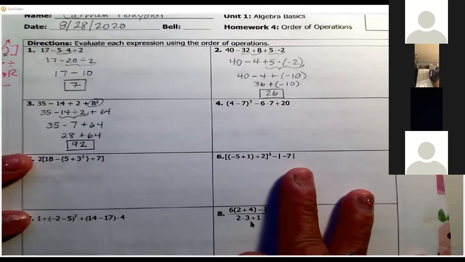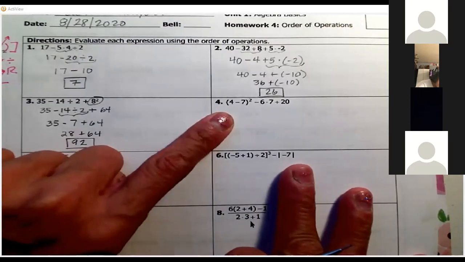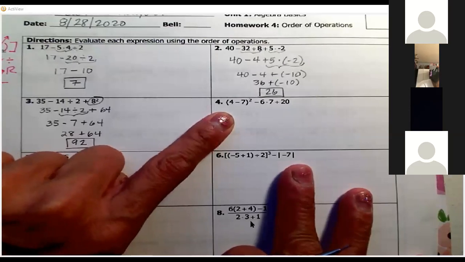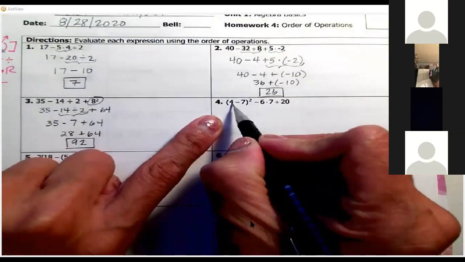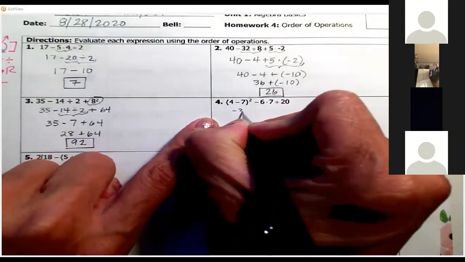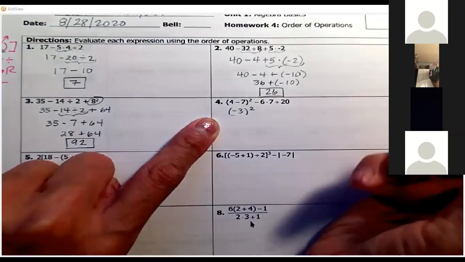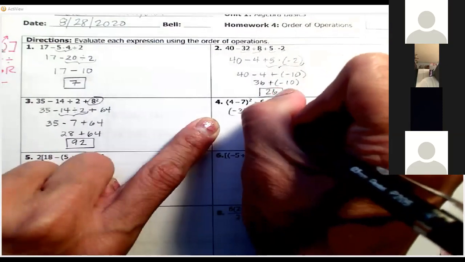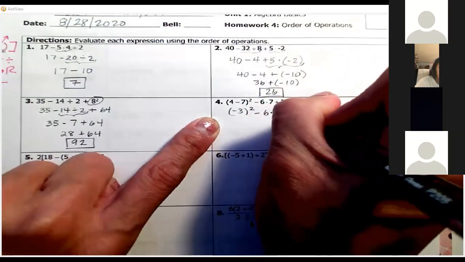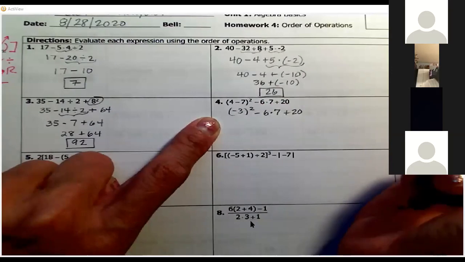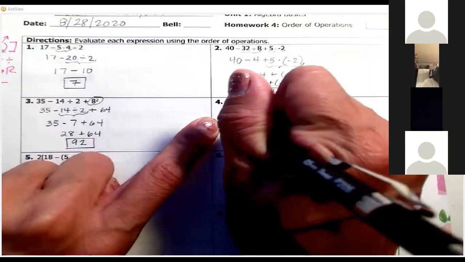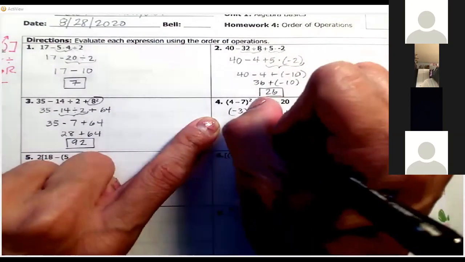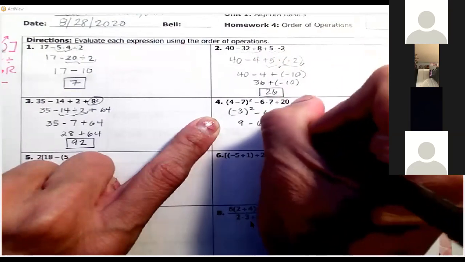Okay, let's move on to number 4. Number 4 does have a grouping symbol, so it has a parentheses. So I'm going to start with that one first. So 4 minus 7 is negative 3. Negative 3 to the second power minus 6 times 7 plus 20. Negative 3 to the second power is going to be 9. Negative times negative is a positive. Minus 6 times 7 plus 20.